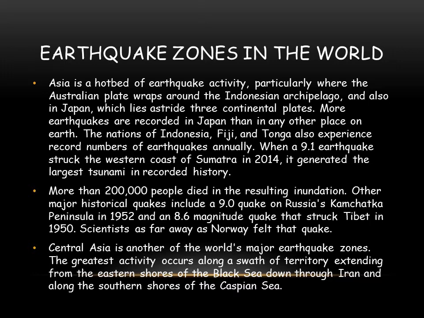Other areas such as the Mediterranean region and the Himalayas in Asia also experience high numbers of earthquakes. You can see in Figure 2.19 below the main earthquake zones in the world.